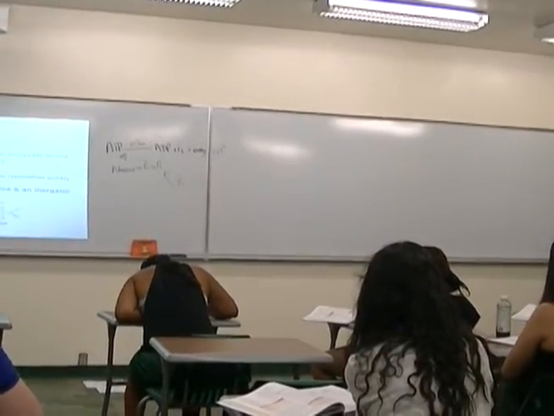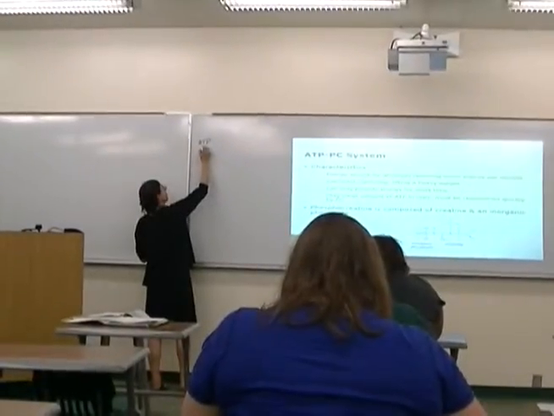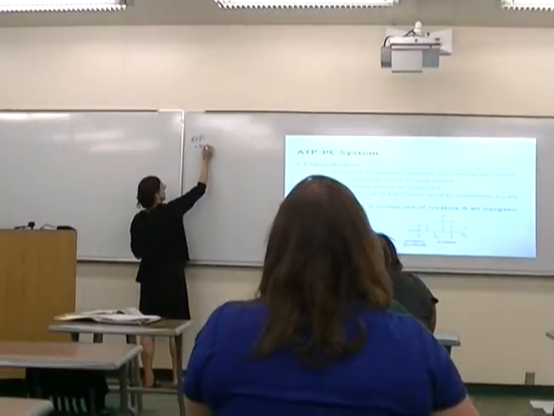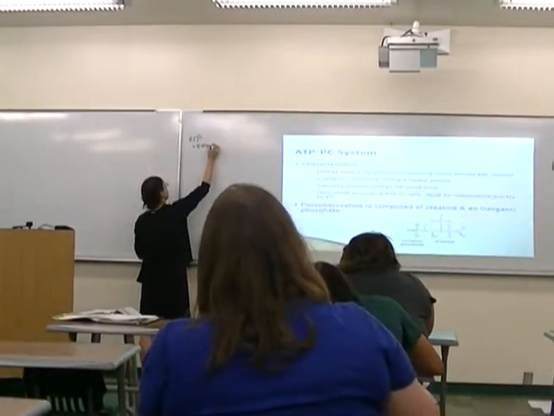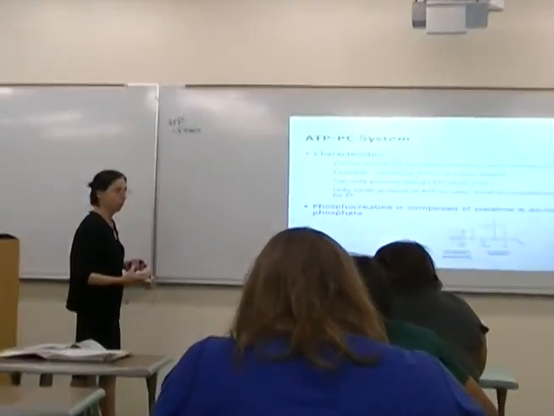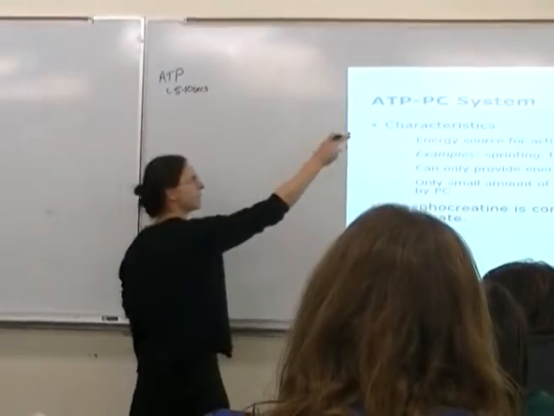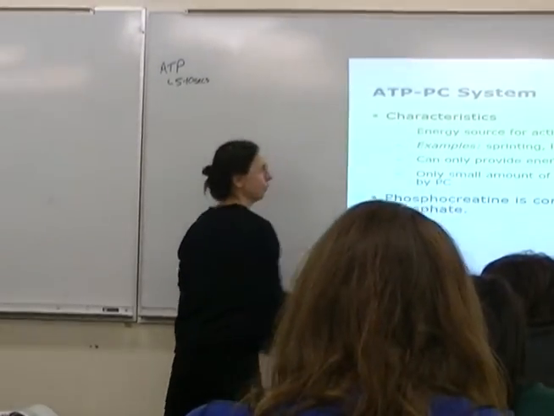I have enough ATP for somewhere around 5 to 10 seconds, depending upon the individual, what kind of training they do. And then PC stands for phosphocreatine.